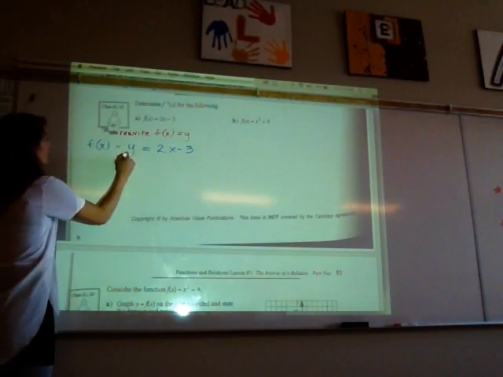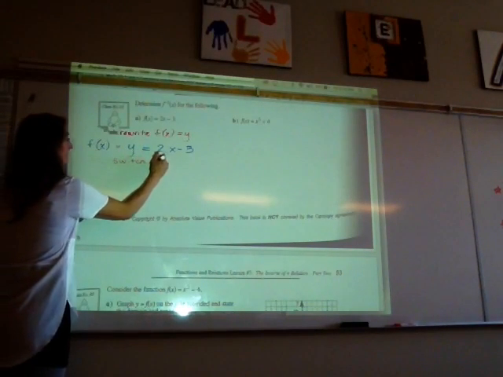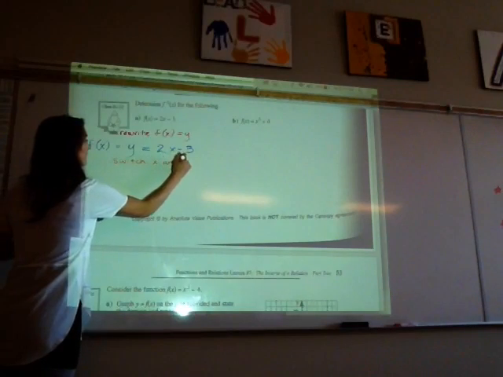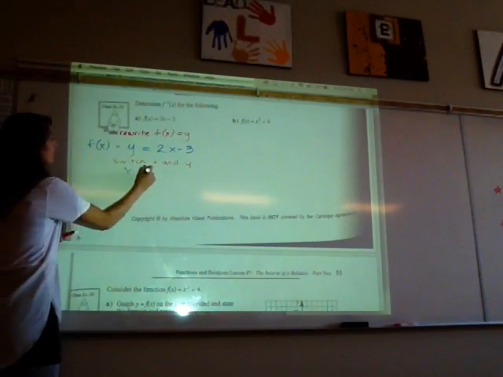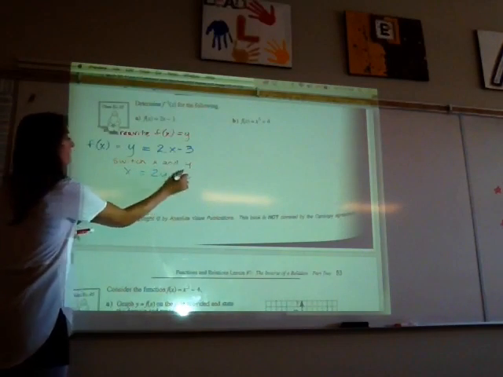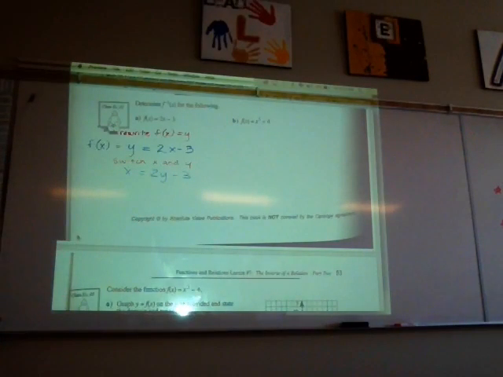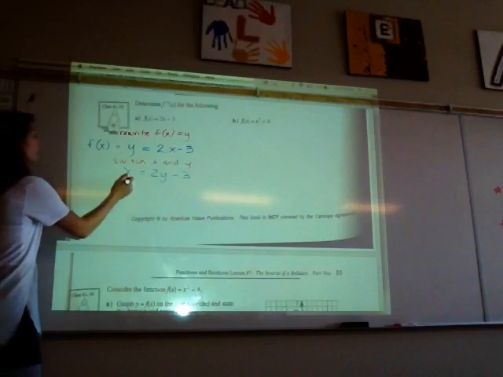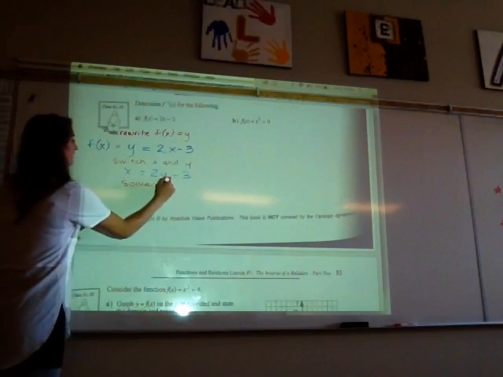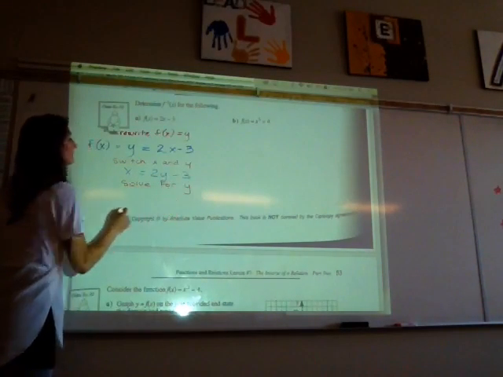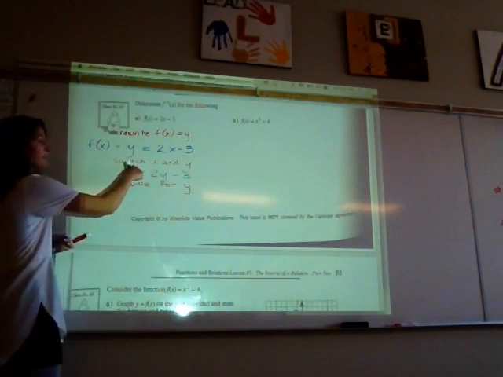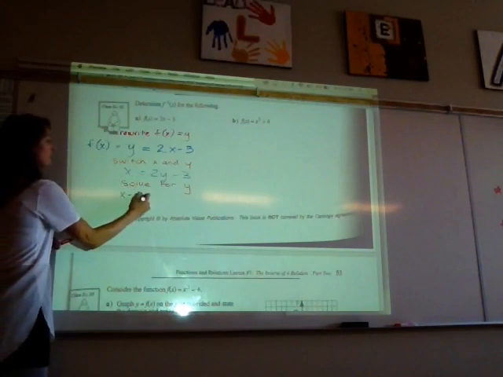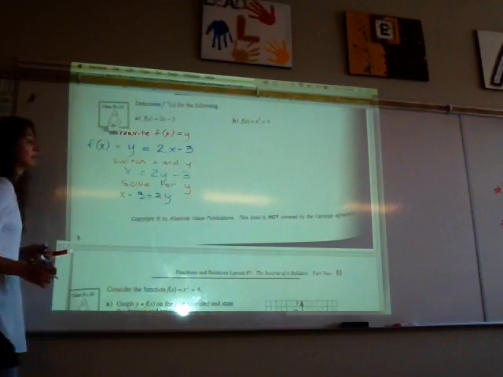Next step is you're going to switch the x and y. So we get x is equal to 2y minus 3. Then we solve for y. So first we're going to add the 3 over. We get x minus 3 is equal to 2y.